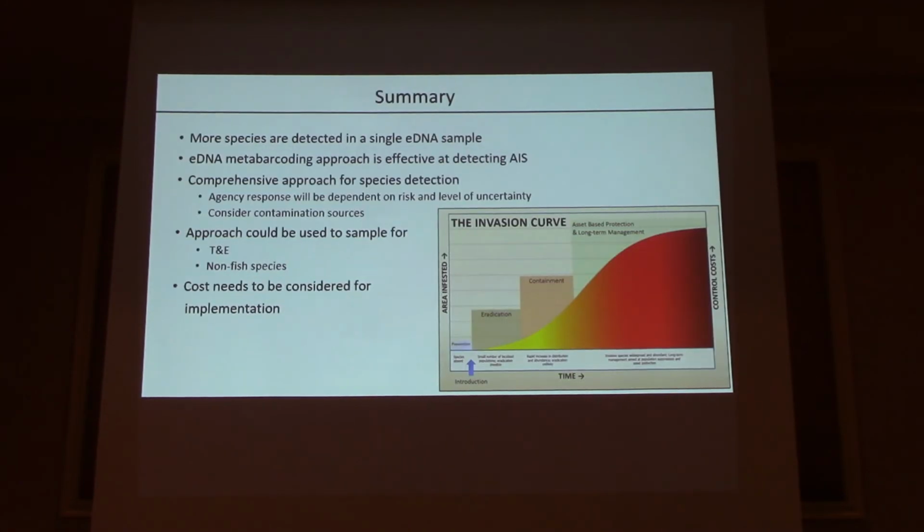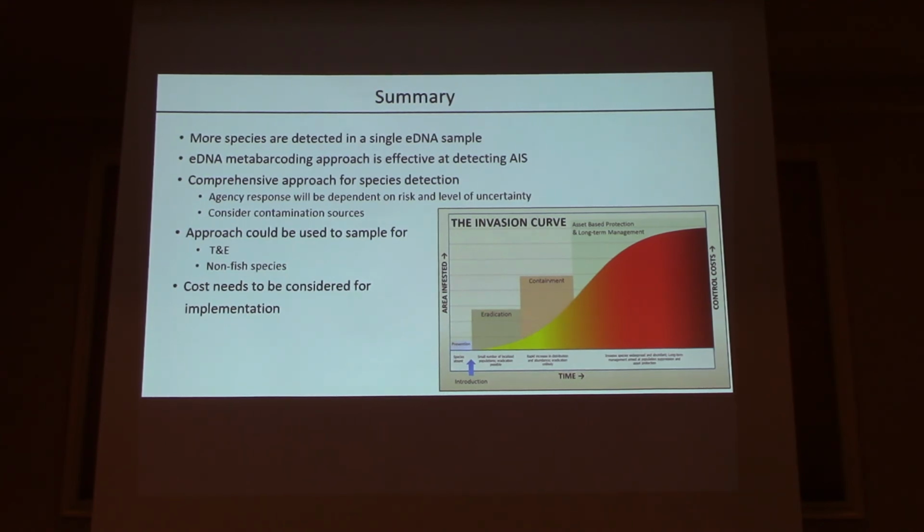So, in summary, we found that more species are observed in a single eDNA sample on average compared to this multi-traditional gear approach, and that this eDNA approach is effective at detecting aquatic invasive species. And how we see this is that it's not a replacement for traditional gear by any means.